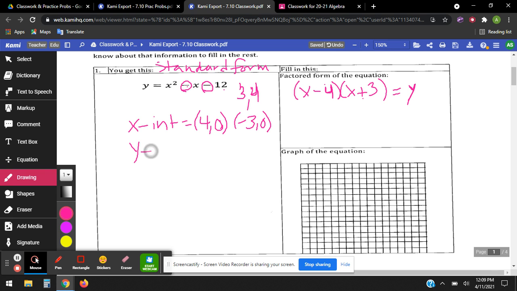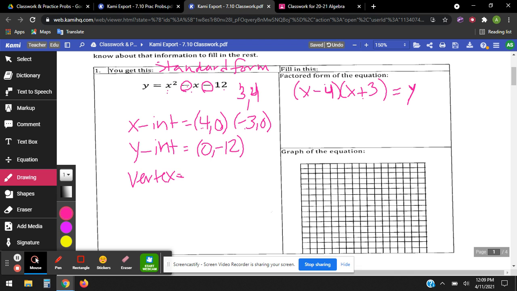I also know my y-intercept is going to be, if I sub in 0 for each of these, 0 squared minus 0 minus 12 is a 0, negative 12. My vertex is going to be in between 4 and negative 3.